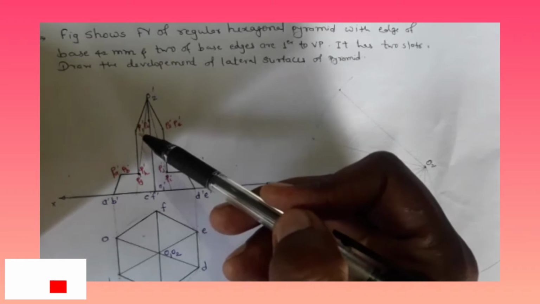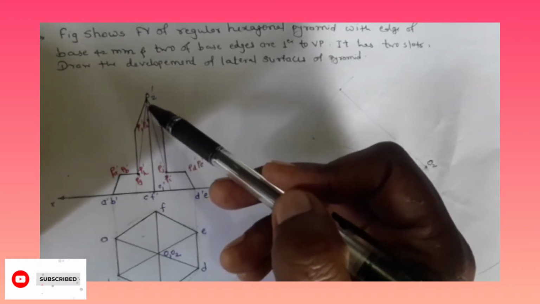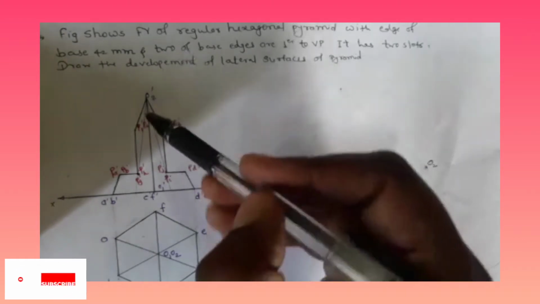We need to check it first. So let us check. Means whatever this edge is, O2 dash to A dash or B dash. If you see the top view, here is the OA and here is the OB.